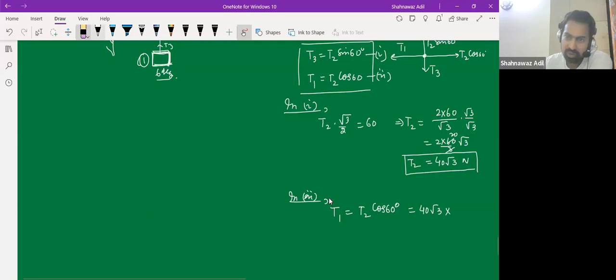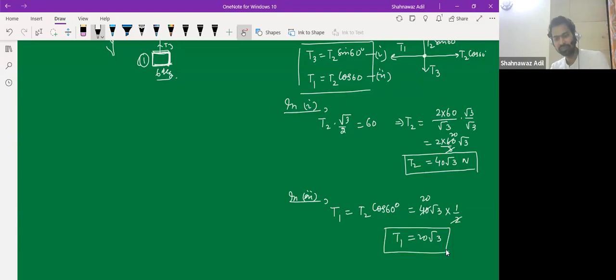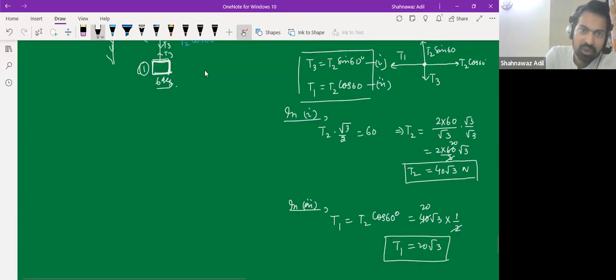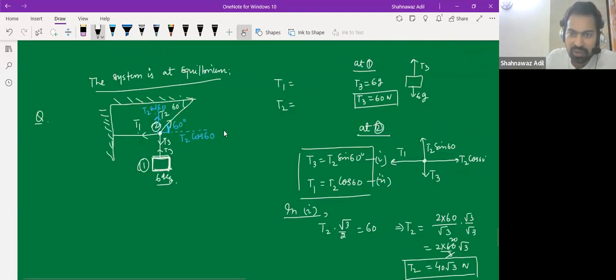So this is half, and then this is 2, so this is 20. Is this clear, everyone? Good. Now please note it down. Where did you reach, guys? Where did you get stuck?